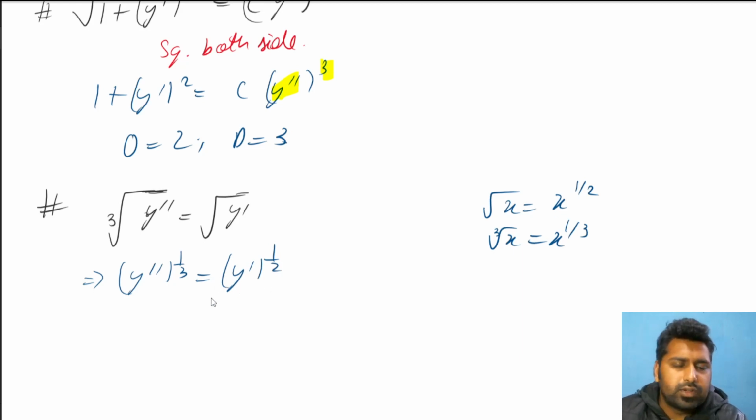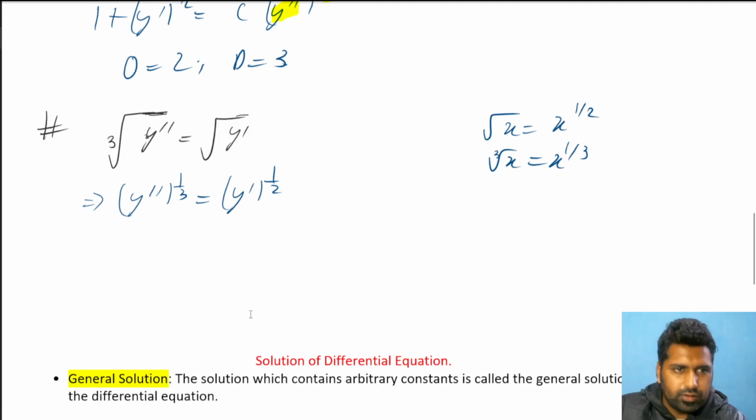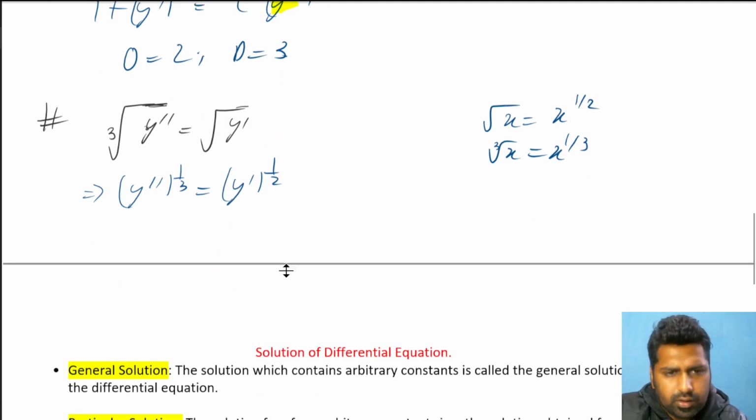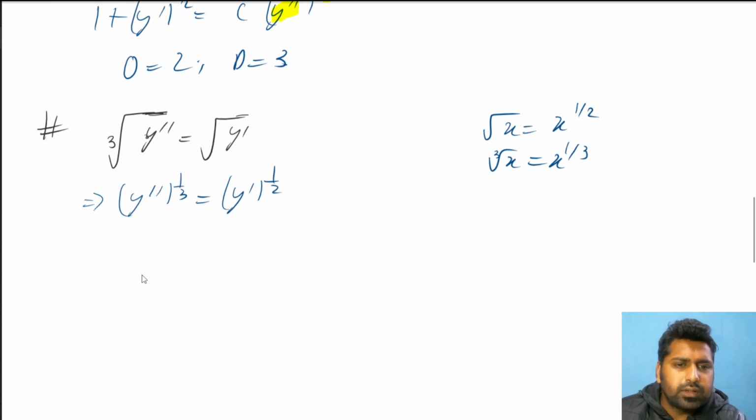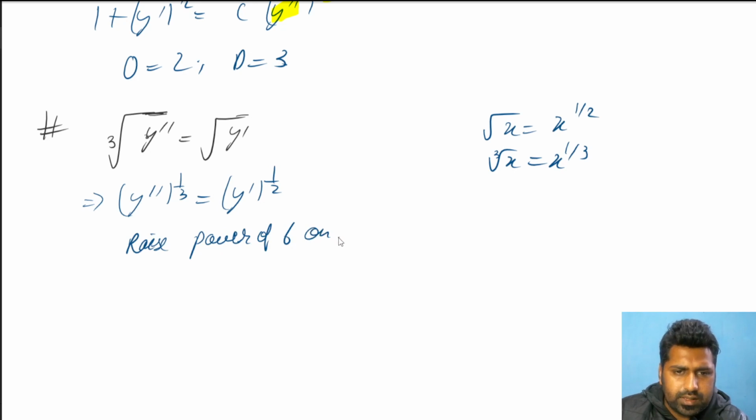So again, you might think fractional powers, and this time the squaring will also not work. So you'll say the degree is not defined. But wait, what can be done is I can raise power 6 on both sides.